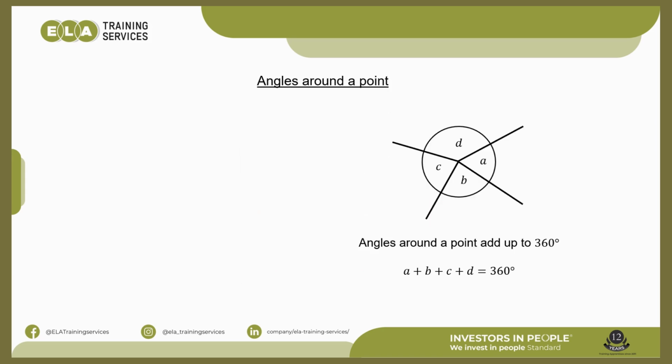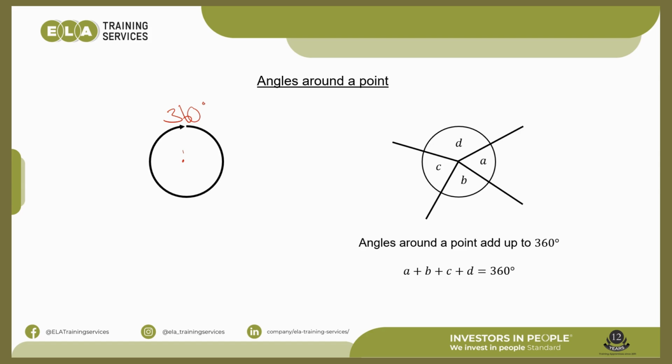Angles around a point, like this, here's your point, will always add up to 360. So around the point will always be 360 degrees. So we can separate around a point into different zones.